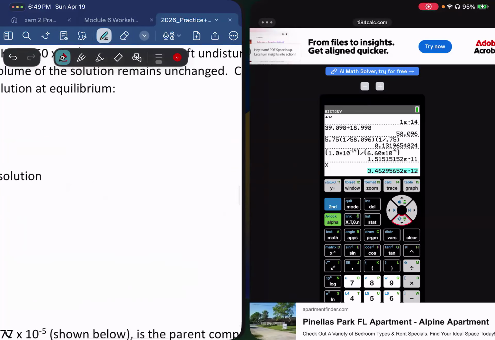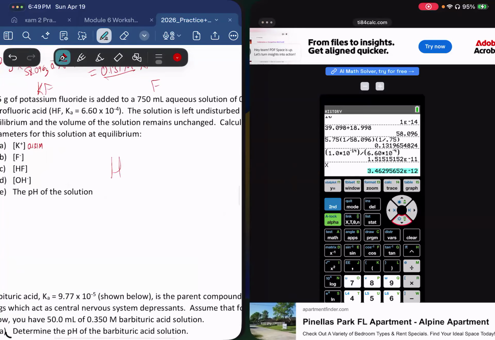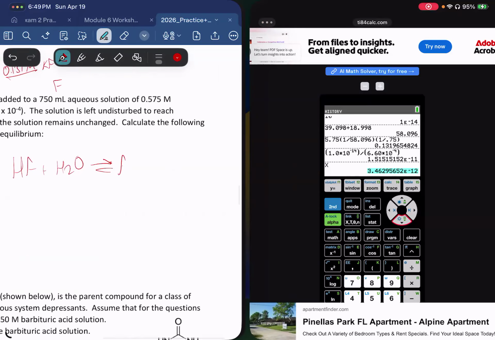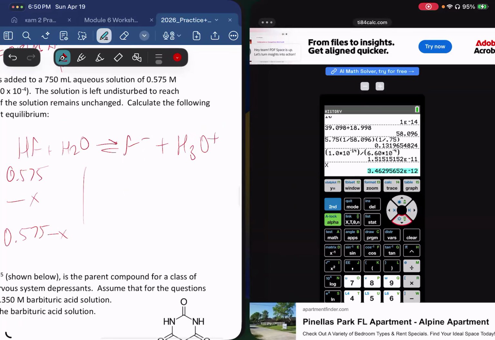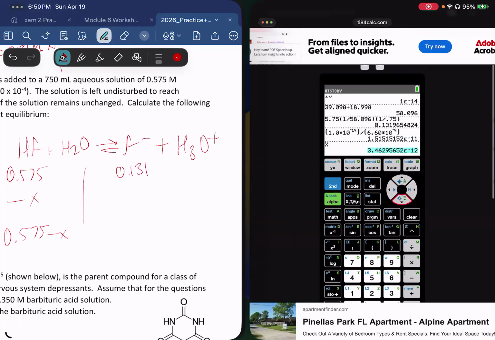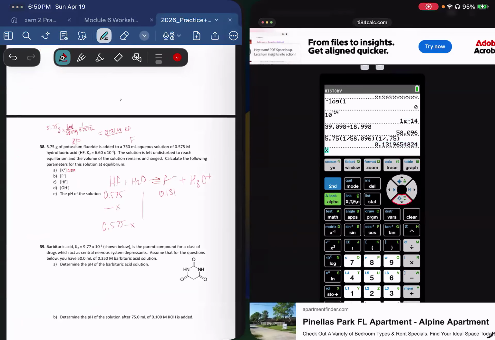So let me redo this. Instead, let's just do HF plus H2O yielding F minus plus hydronium. So we have 0.575 minus X. Let me redo this calculation to make sure I'm getting the right number.